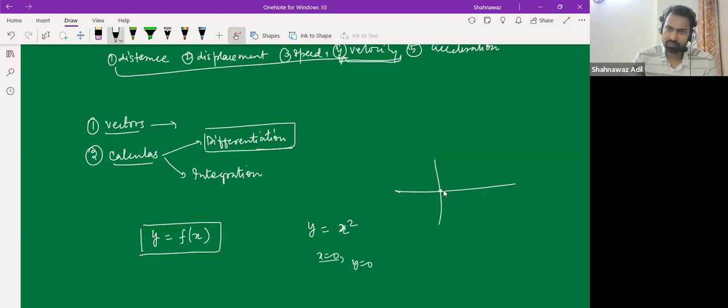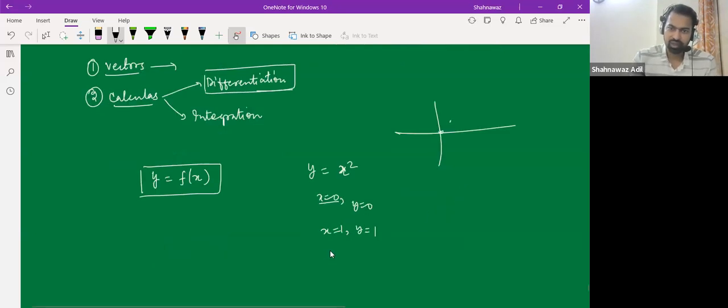So this point. And if I take x equals 1, then y is also 1. So let's say this point. And if I take x equals, let's say 2, then y is 4. So this is this point, right? So this is how it is varying, and in this way also.